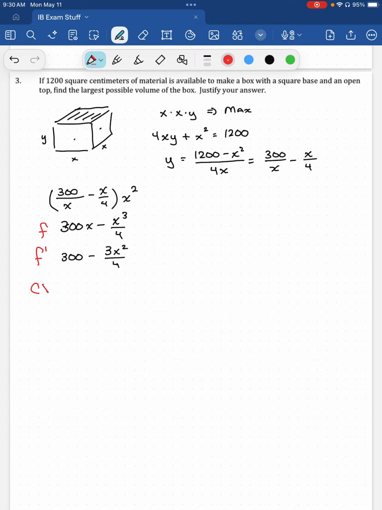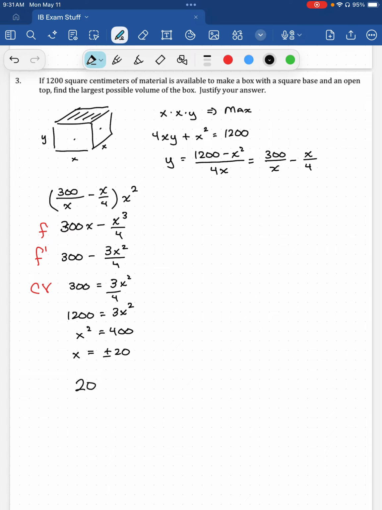So my critical values are going to occur when 300 equals 3x squared, or I'm sorry, 3/4 of x squared. Multiplying that up, 1200 equals 3x squared, or x squared equals 400. In other words, x is plus or minus 20. Now it can't be negative because it's a length, so my answer is going to have to be 20 for x.